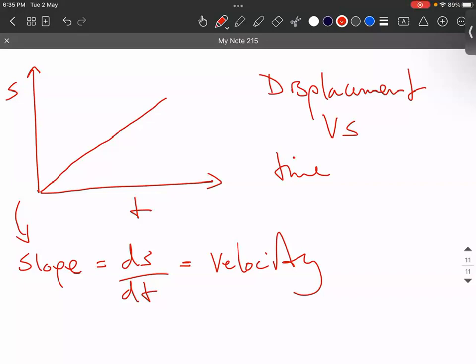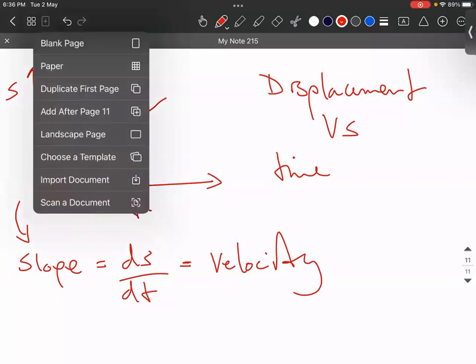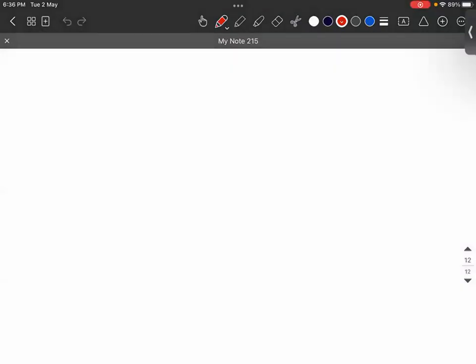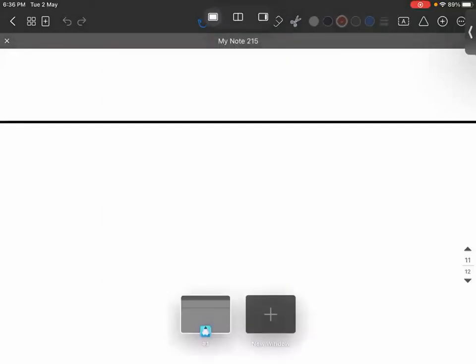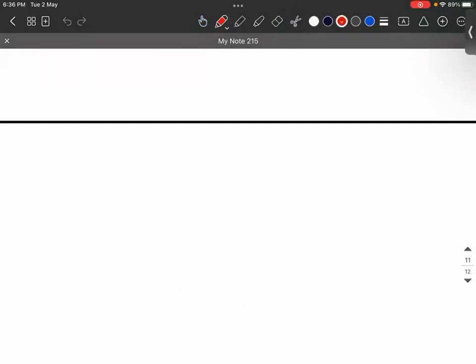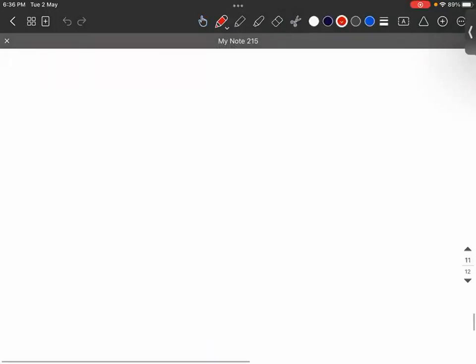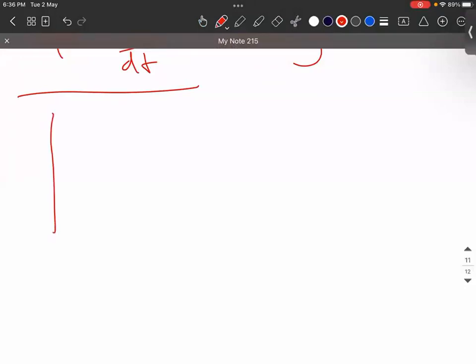Cool stuff. And the interesting thing again is velocity versus time. Now what I'm going to do is take another graph, and along my y-axis I'm going to have velocity.